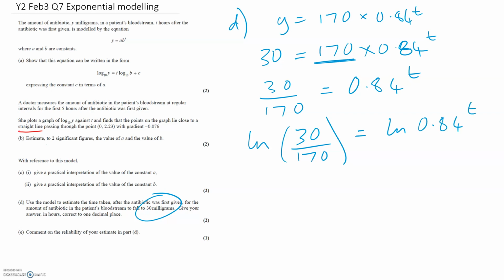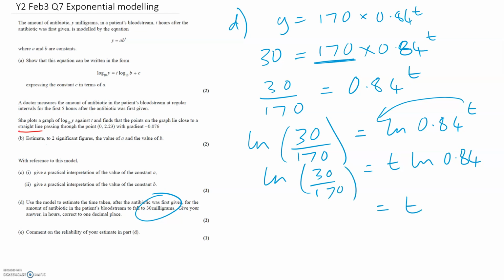The reason logarithms are useful is because now we can bring that t down, and that will give us t ln 0.84 on the right hand side, and the left hand side will stay as it is. To find t, all we need to do is divide the left hand side by ln 0.84. So t is all of this divided by ln 0.84.